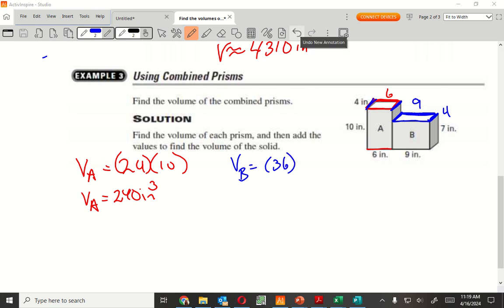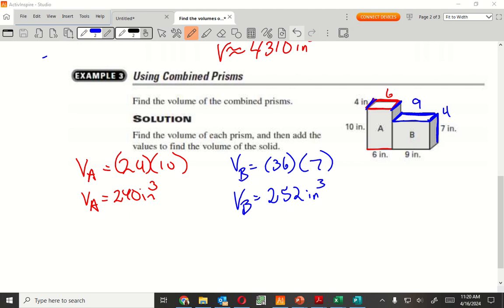Okay. What's the height of this shape here? 7. So it's a different height on this one. That's why it's changing. So it's 7. What's that? 210 plus 42, 252. Yeah. Volume of B is 252 inches cubed.